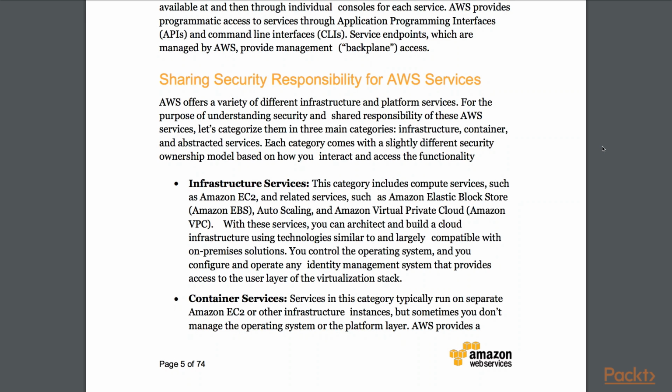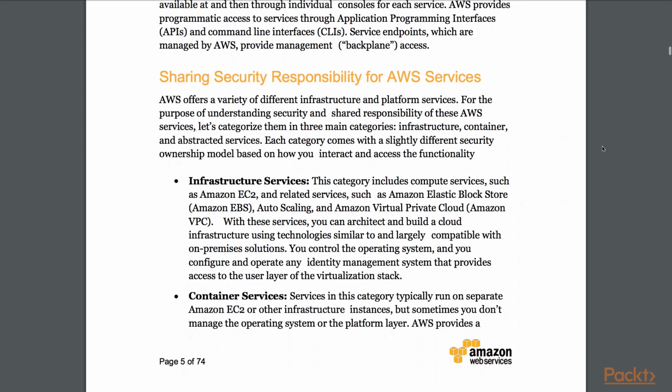We've seen that with these services, we can architect and build a cloud infrastructure using technologies similar to and compatible with on-premises solutions. And we are responsible for controlling the operating system and configuring and operating any identity management system that provides access to the user layer of the virtualization stack.